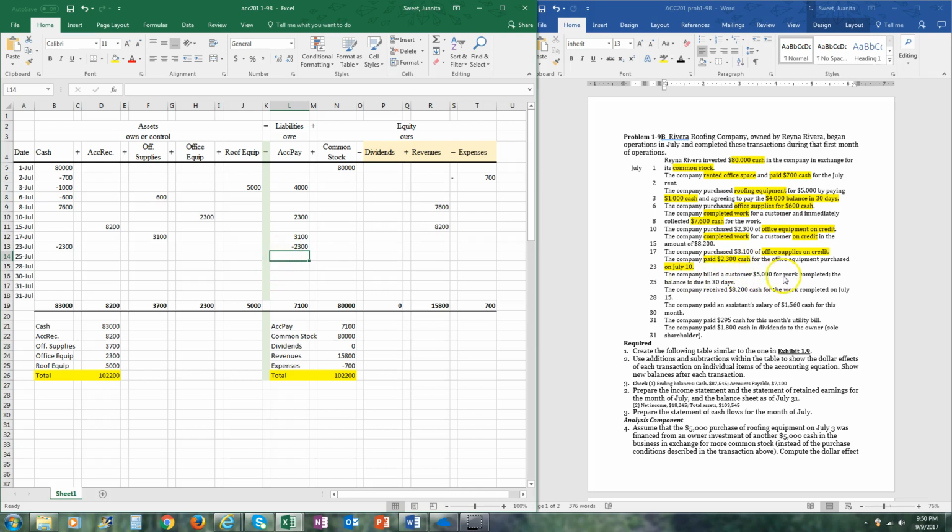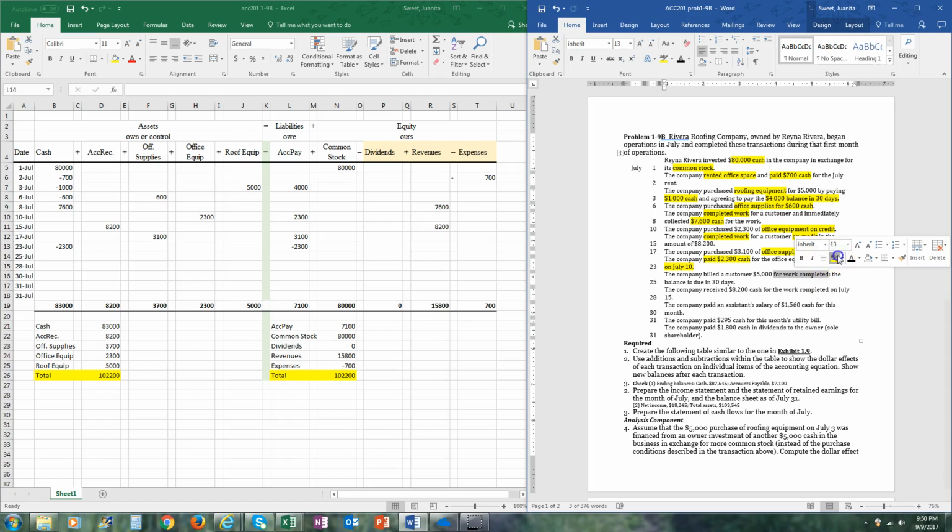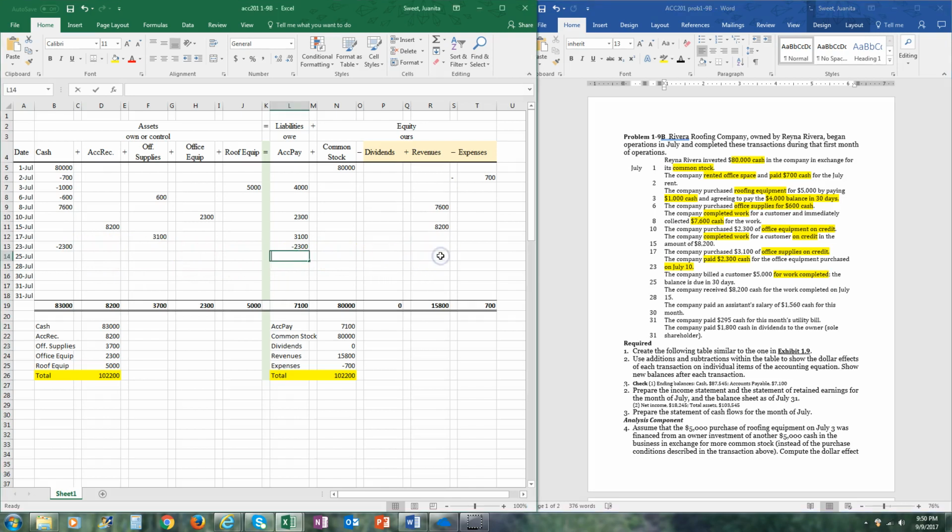We billed a customer for work completed. Once again, work completed is revenue. So we would come over here and say revenue. We just earned revenue of $5,000. The revenue recognition principle says that revenue is recognized when the goods are exchanged or the work is completed.